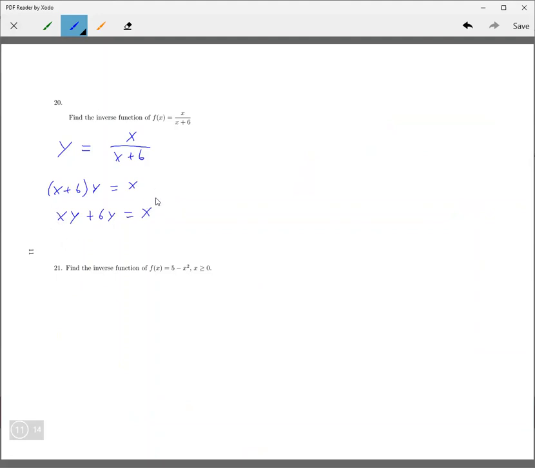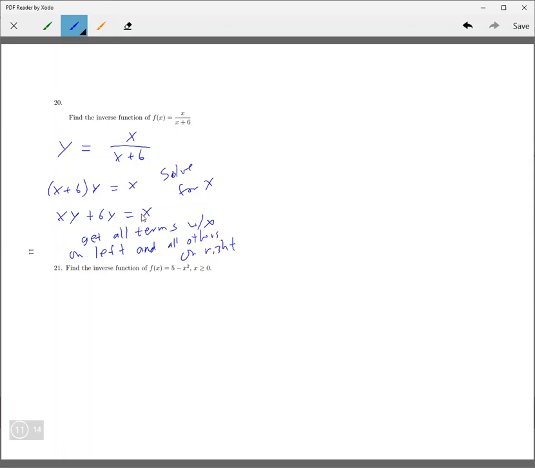Okay, really important here. We're trying to solve for x. That's our objective. We have an x there, and we have an x there. Get all terms with x on the left and all others on the right.